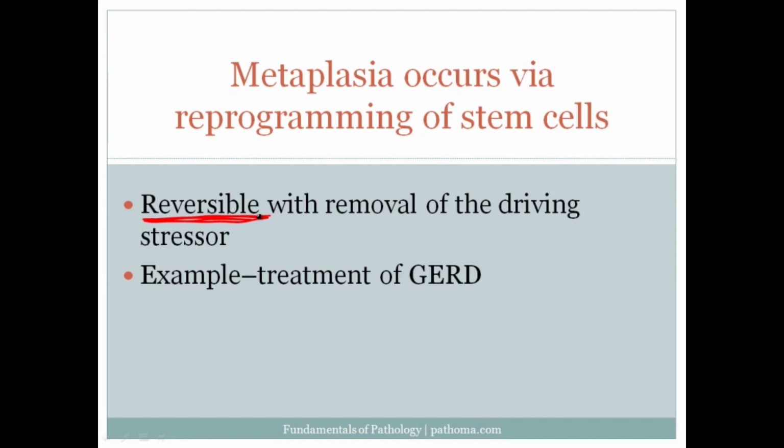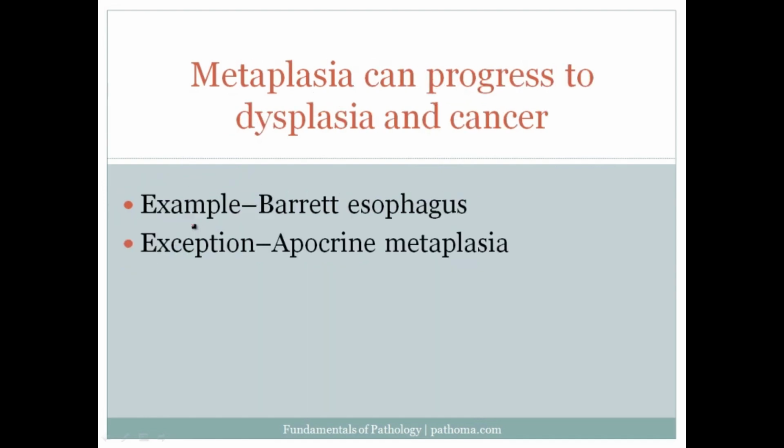If the acid reflux is ceased, for example via some sort of therapeutics, then the decrease in acid will result in reprogramming of the stem cells back to their original squamous type, and the metaplasia will reverse. So the key take-home point from this slide is that metaplasia is reversible.